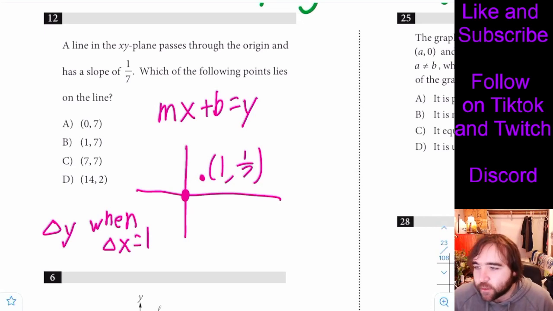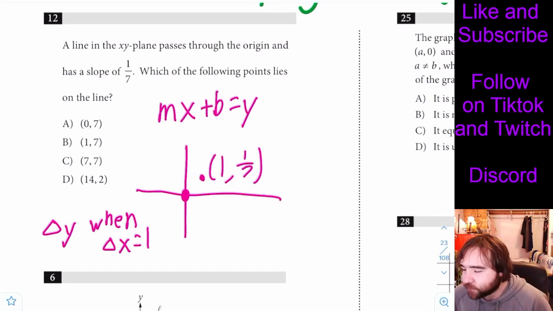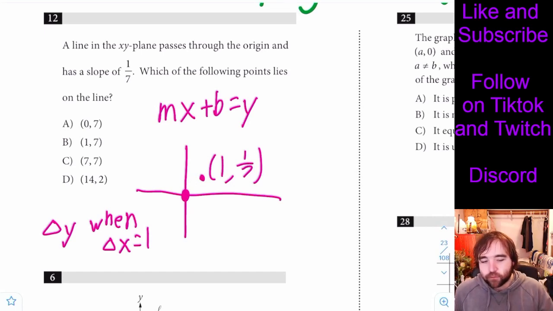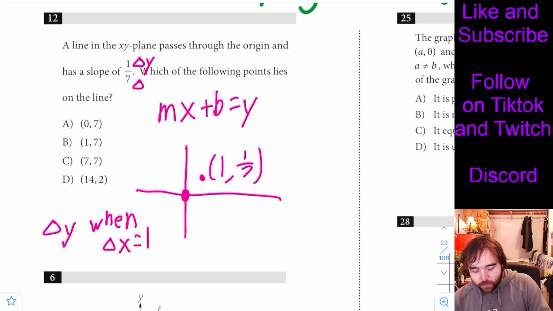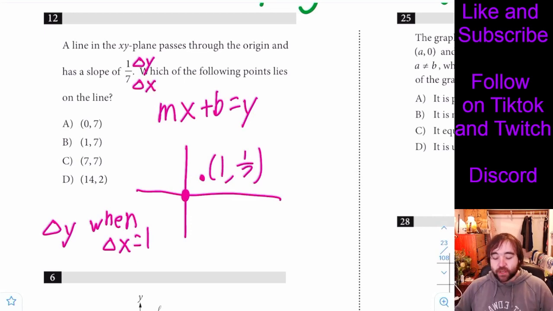So what do we need to think about here? What we need to think about here is the other way of looking at slope. This is how much y changes when x changes by this much.